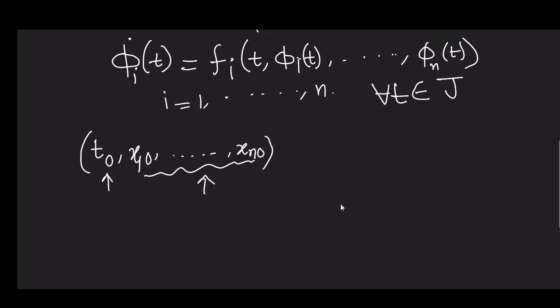So obviously one question can come to your mind: what is so special, why do we need to write initial time and initial state? Can't we just write only the initial state?